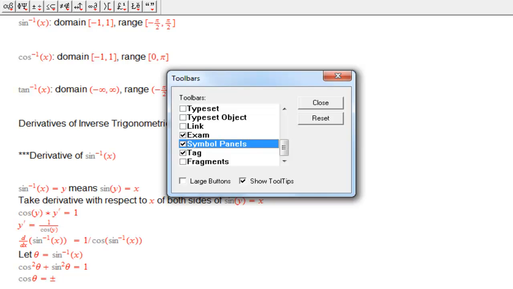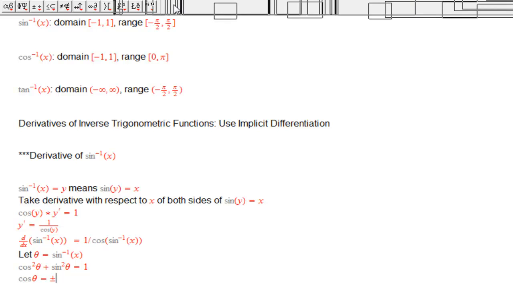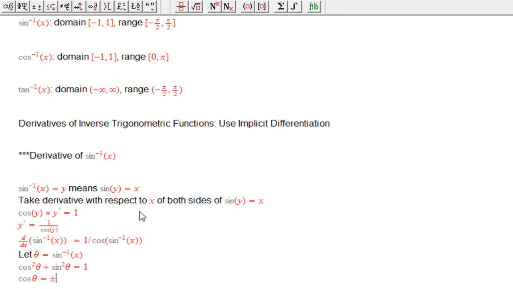Oh, you know what? I bet my window's just not large enough to be able to see it on the toolbar. Yes, I think it's on this toolbar, but that toolbar wasn't visible because I couldn't see it. There we go. Okay, so I got plus or minus the square root of 1 minus sine squared theta. And now you get a look at part of my toolbar here, which I had hidden from the screen.